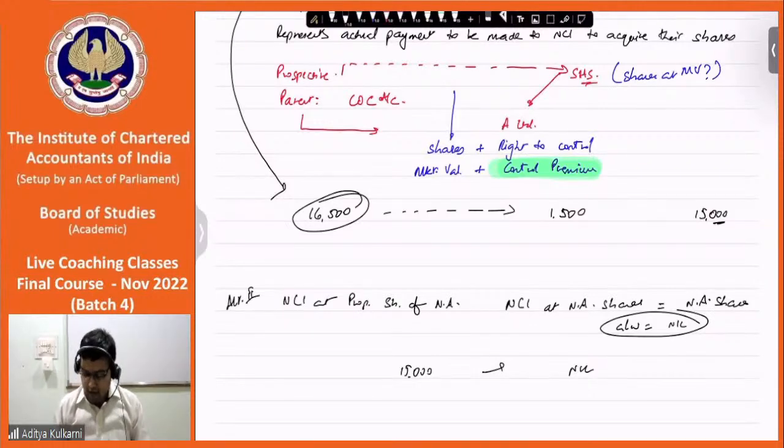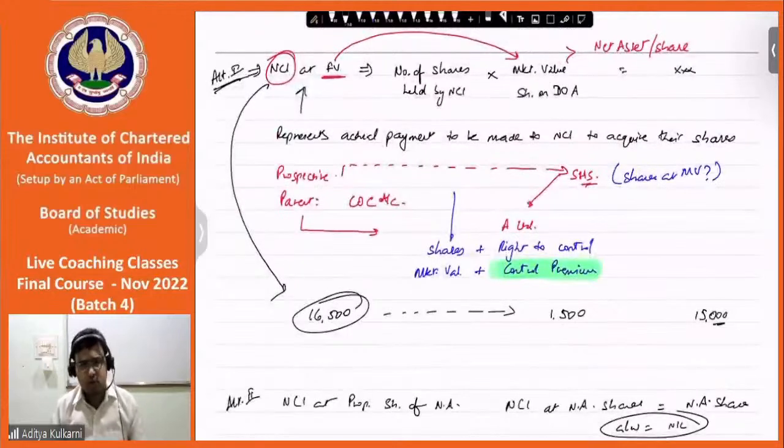Is it okay? I think I have tried my best to explain what is this NCI at fair value, how I do the accounting, and why I do the accounting.